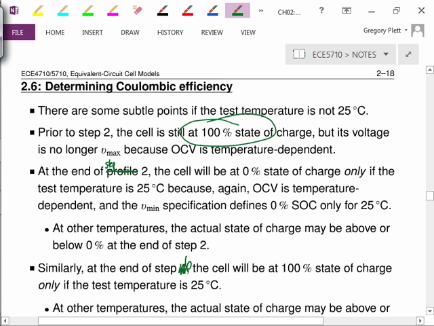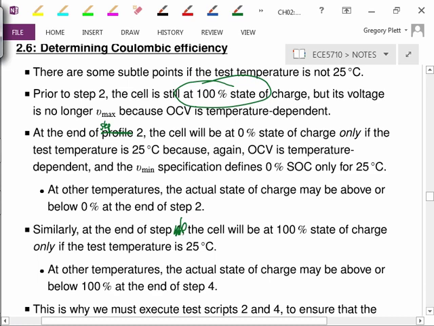Step 5, we soak at the test temperature, and step 6, we charge at a constant current rate until the terminal voltage equals Vmax. And the cell will be at 100% state of charge at the end of step 6 only if the test temperature is 25 degrees Celsius, because again of this temperature dependence of OCV. And Vmax is that definition only at 25 degrees Celsius.